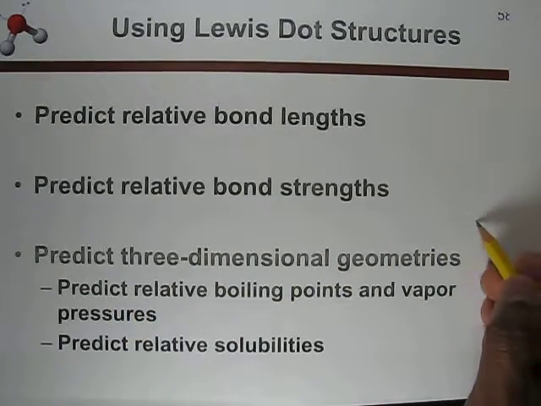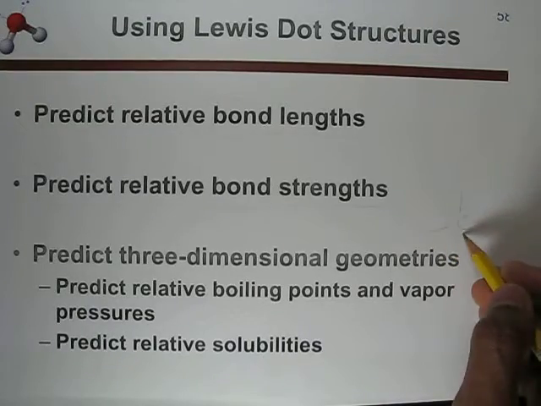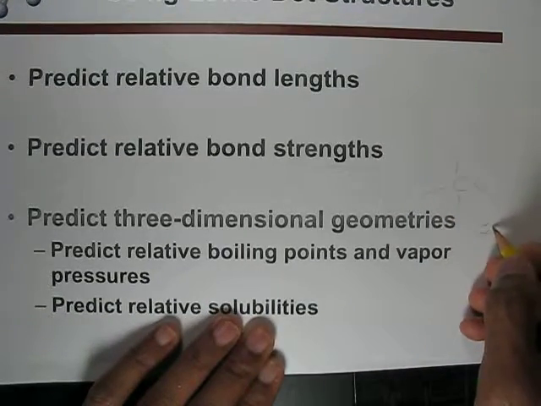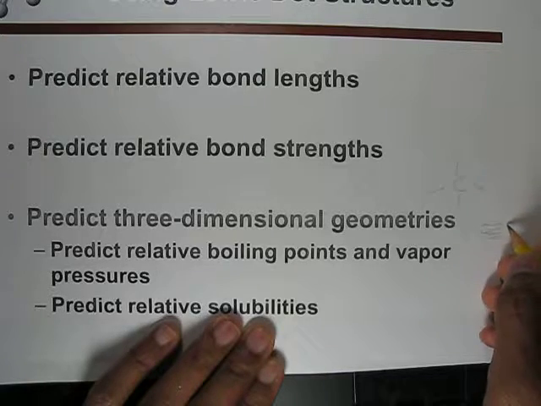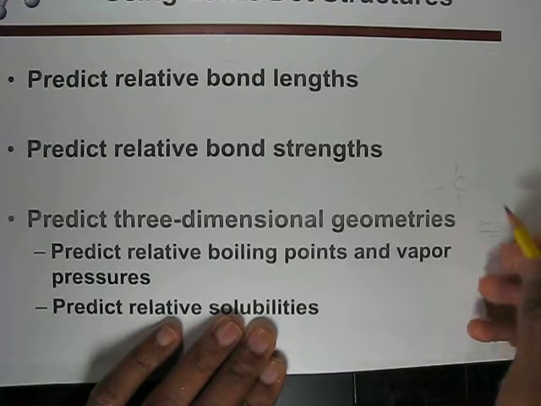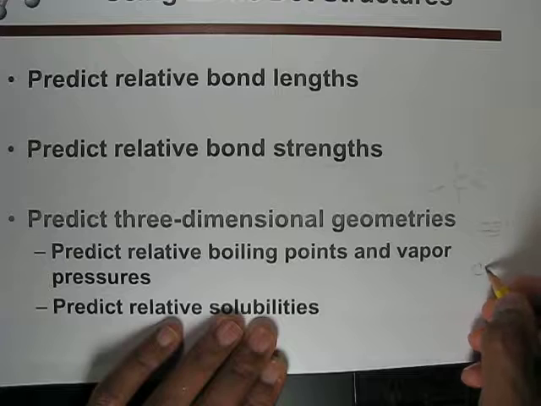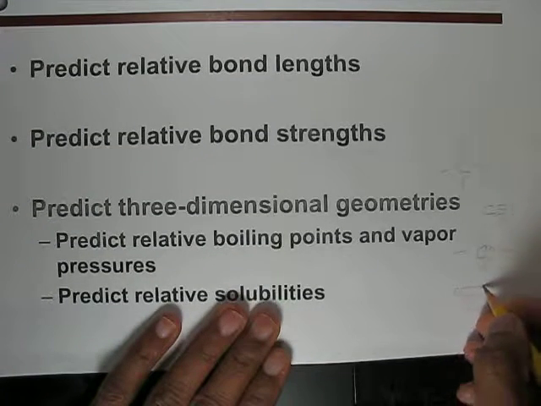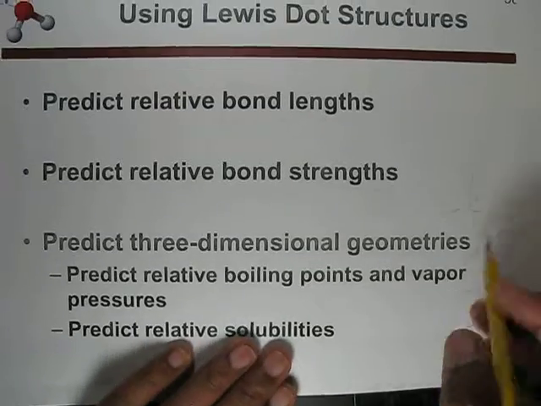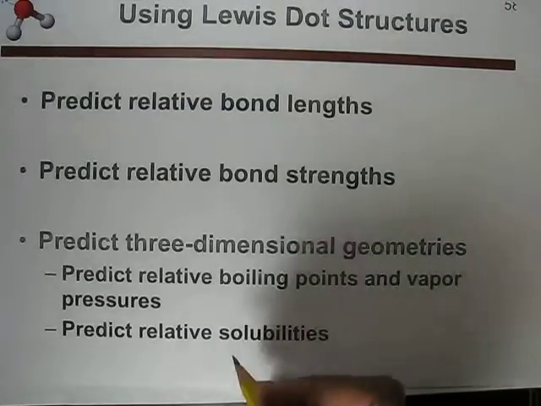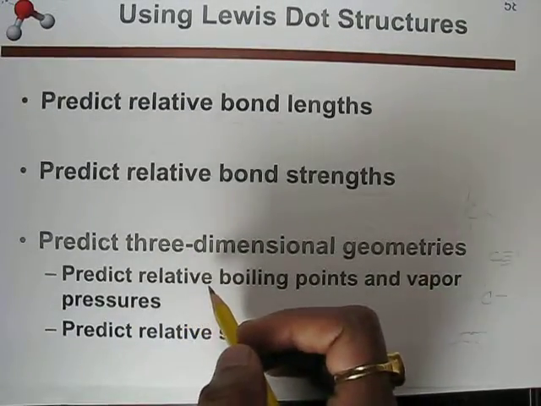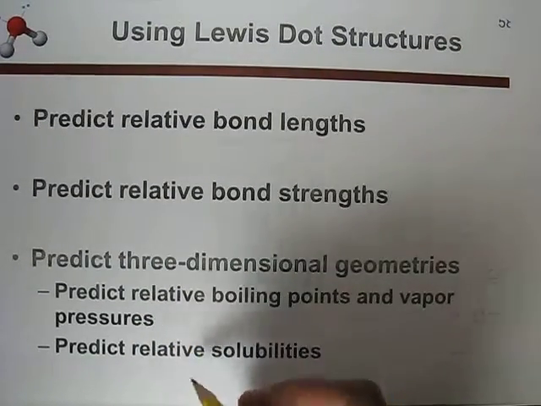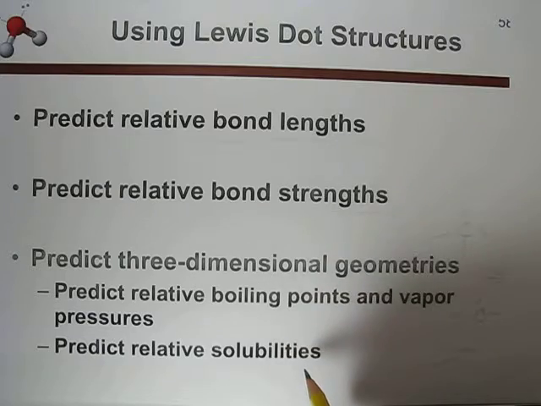For example, in methane, how are these 4 bonds arranged? Are they like this, or really 90 degrees, or like this? So what is the three-dimensional geometry? It can also predict the boiling points, vapor pressure, and relative solubilities.